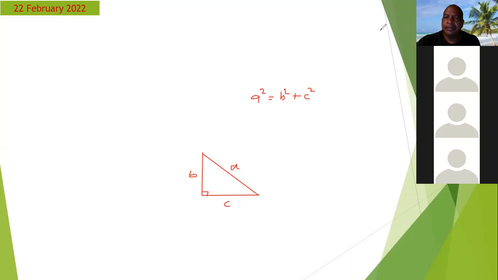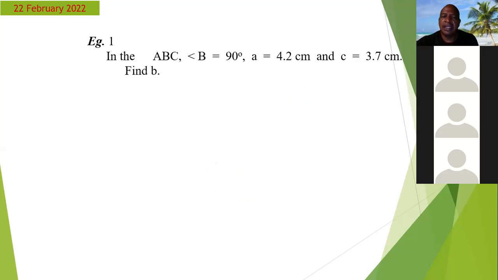All right. So here we go now. So let's say that we are given a question in a worded form, and it says that, and that little symbol means triangle. So in the triangle ABC, it tells you now that the angle B is 90.